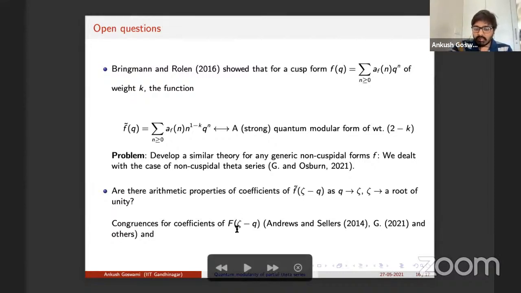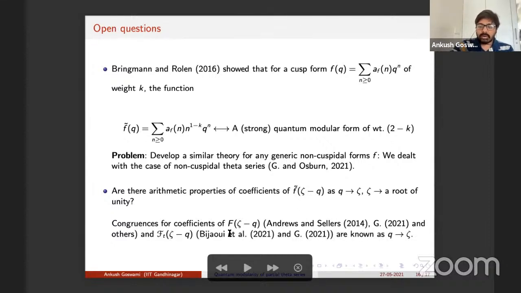So when zeta is equal to 1, it corresponds to the Fishburn numbers. And Andrews and Sellers, Garvan, Straub, and many others, Goswami and Rowland, actually found nice congruence properties for the function of 1 minus q. And when zeta is not necessarily 1, I actually found some congruences for f of zeta minus q.